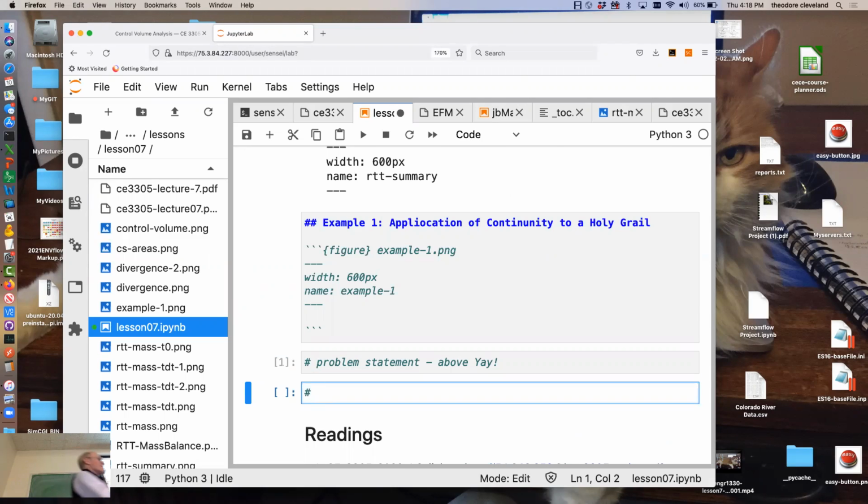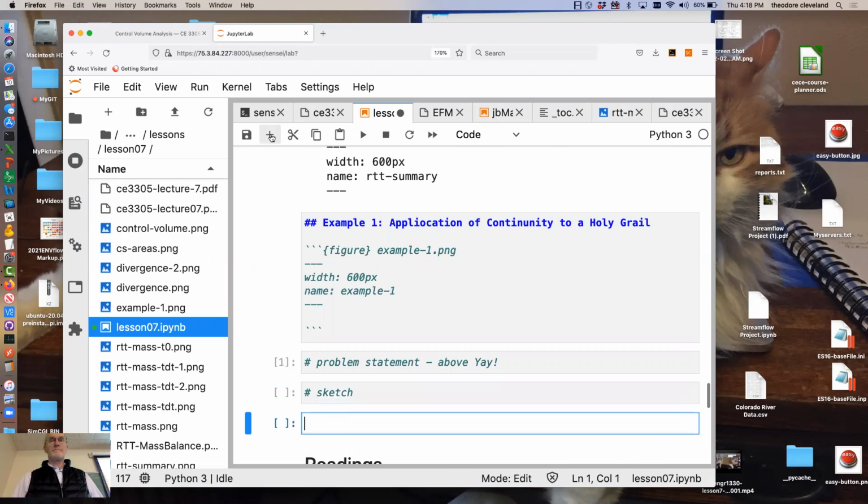Sketch. Next step. Known. Okay, K-N-O-W-N.